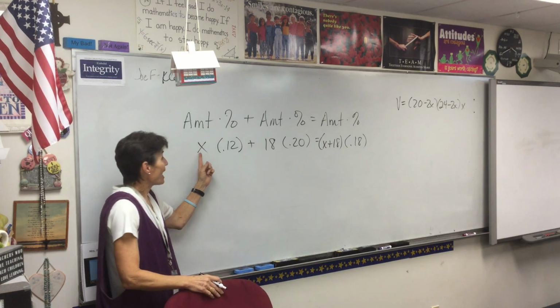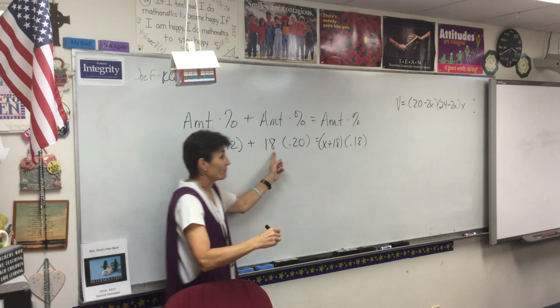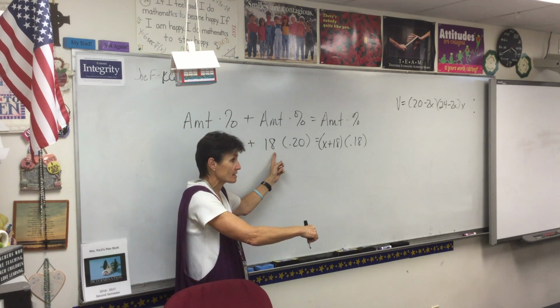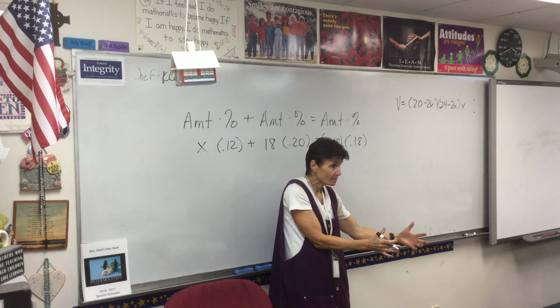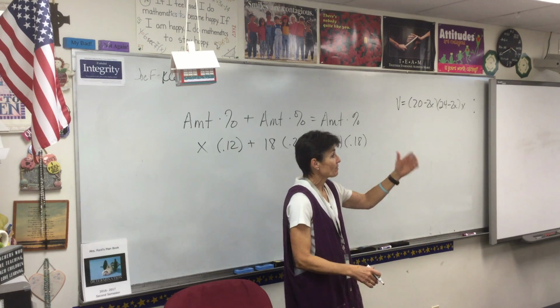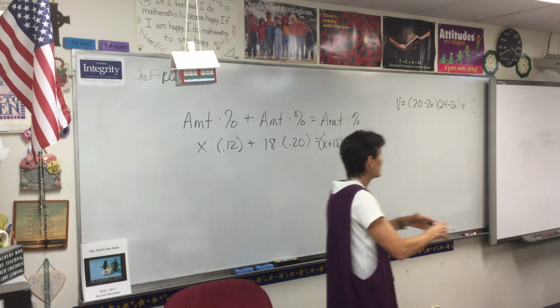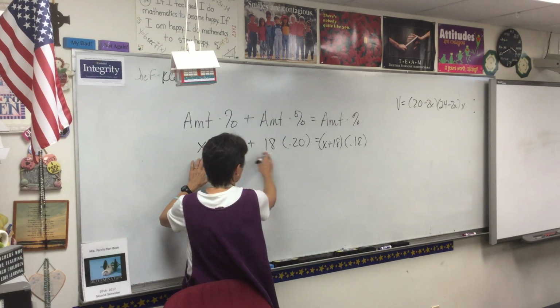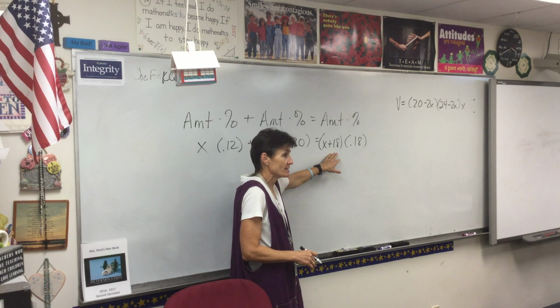You're dumping in X gallons of the 12%, and then you're dumping in 18 gallons of the 20%. So how much would you have at the end? X plus 18. If you put in 30 gallons and 40 gallons, you'd have 70 gallons, right? Well, we're putting in X and 18, so this is just going to be X plus 18.